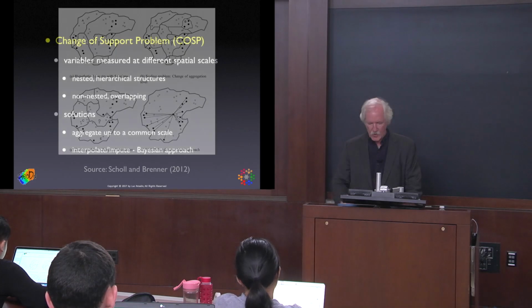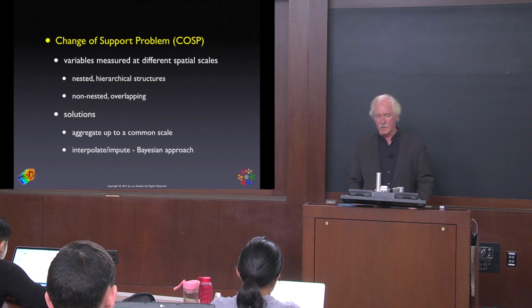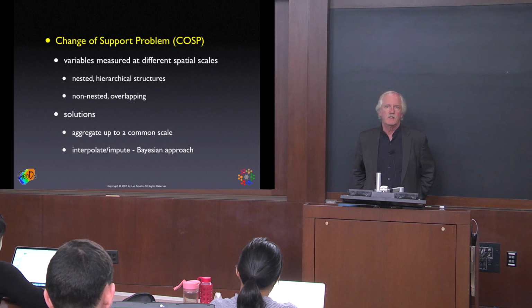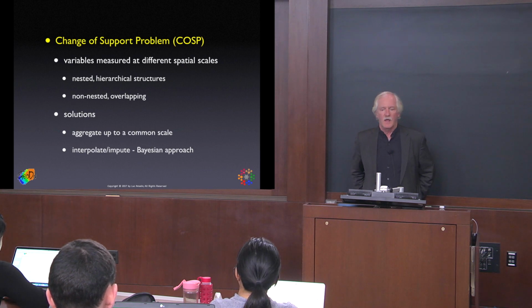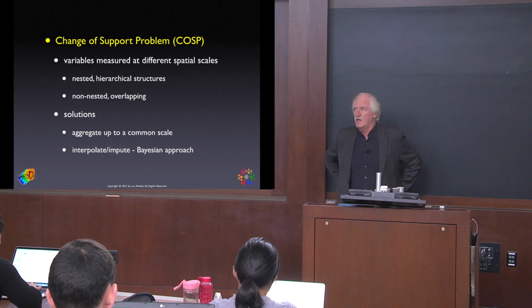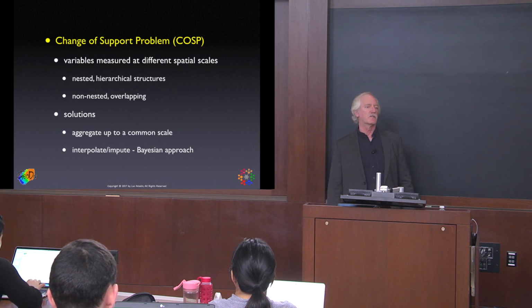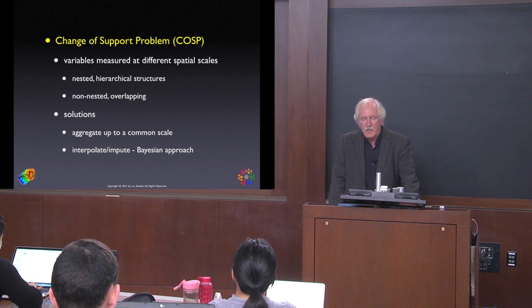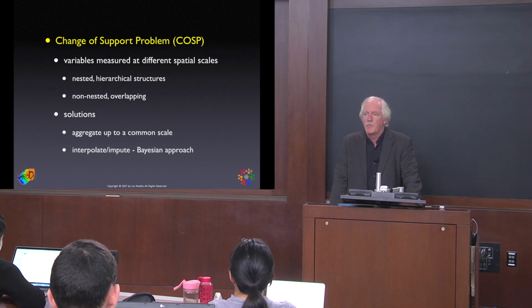And then another version of this, a variant, if you wish, is the change of support problem. And the change of support problem is really a data problem. It's when your data are measured at different scales. For example, if you're interested in the effect of, say, air quality on health, right?